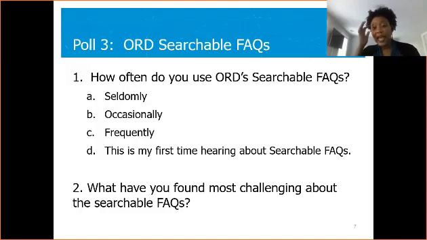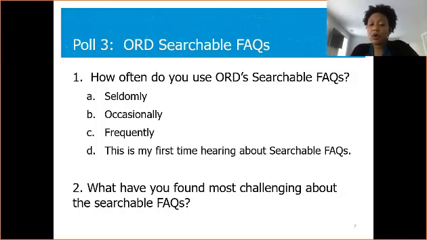All right, so our last poll is a 2-part poll, so please pay attention. You're going to have to scroll down before you hit submit because we want you to answer both questions. The first is a multiple choice: how often do you use ORD searchable FAQs? You'll have the same options as before: seldomly, occasionally, frequently, or never heard about them.